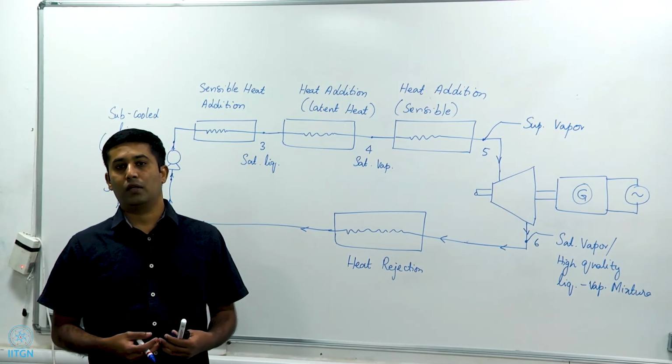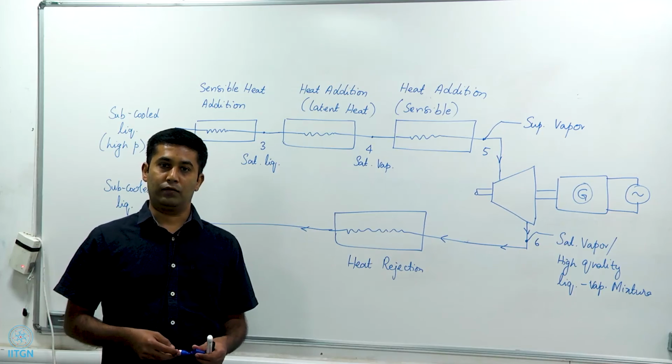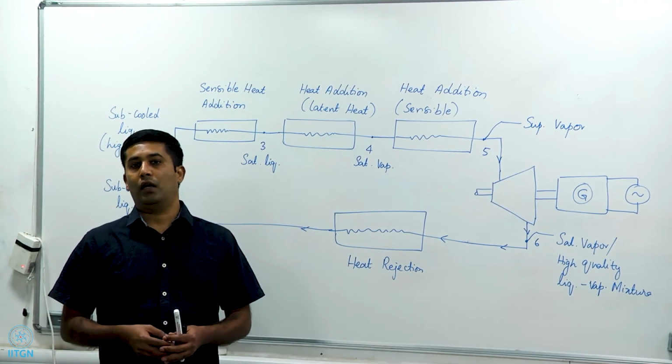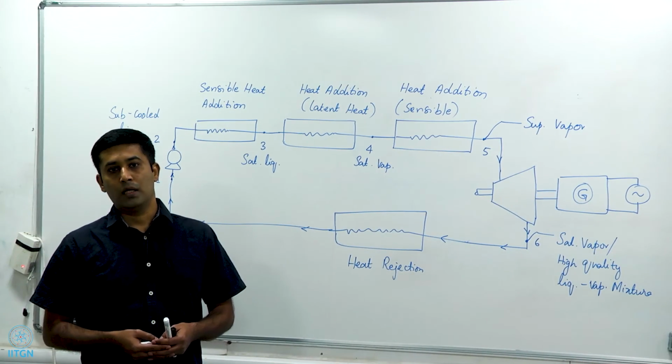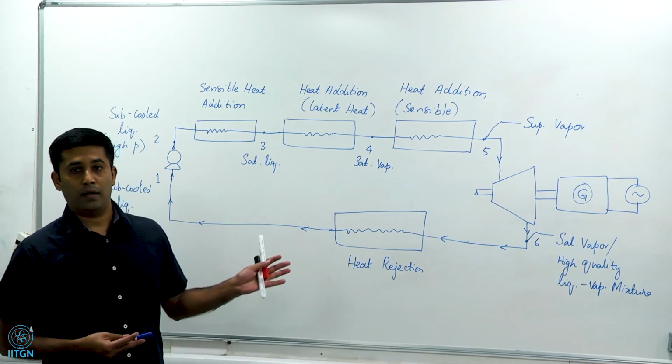And of course, it releases a lot of greenhouse gases, and that contributes to global warming, as we know. But however, these still continue to be the workhorses of our electricity generation ecosystem, and we get a majority of our electric power using the Rankine cycle.